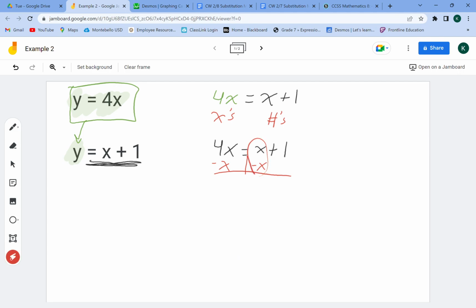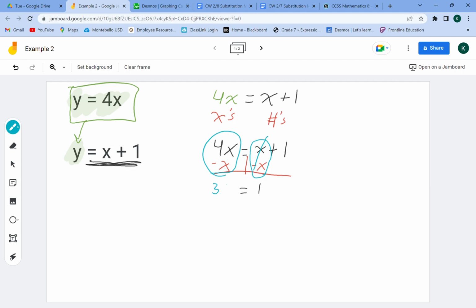Now I want to combine these terms together and these terms together. I'll use blue. Right here, x minus x is just 0, so this will cancel, and on the right side I have the 1, so I just bring the 1 down. Then 4x minus x gives us 3x.